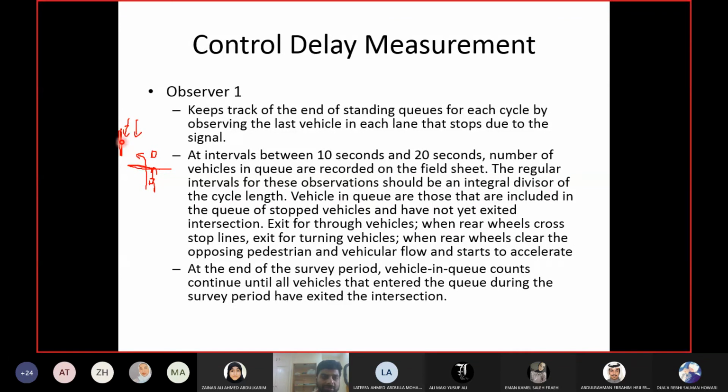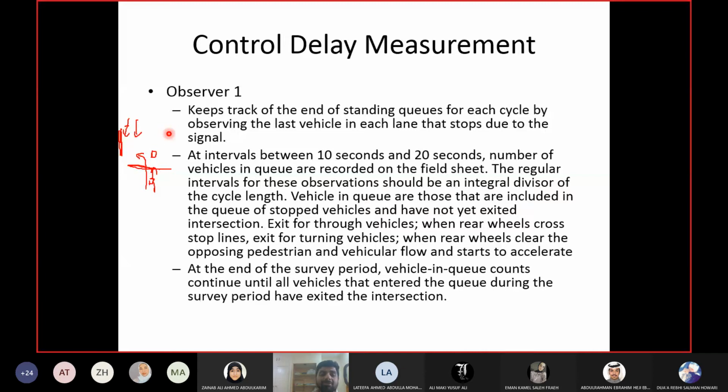Until the vehicle crosses these, it will still be considered part of the queue for turning. For a straight or through vehicle, it is simple. Whenever it crosses the stop line, it is out of the queue.